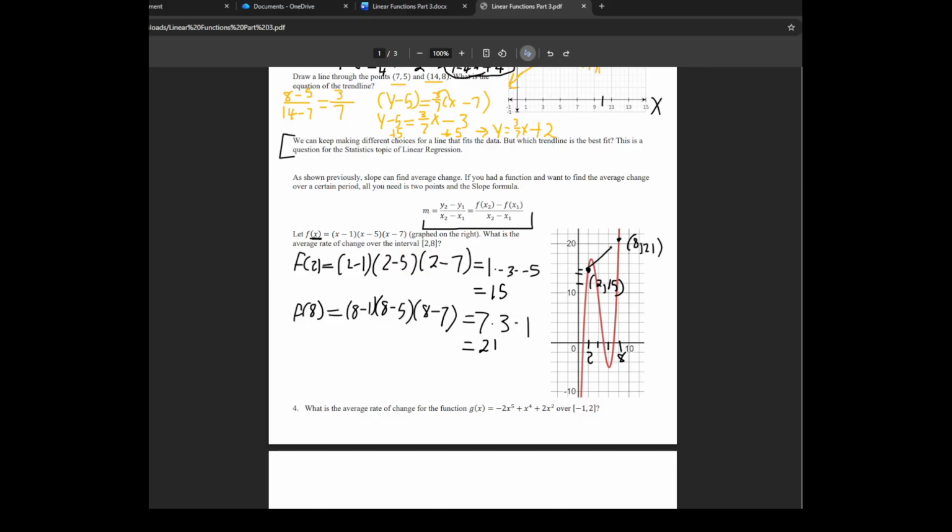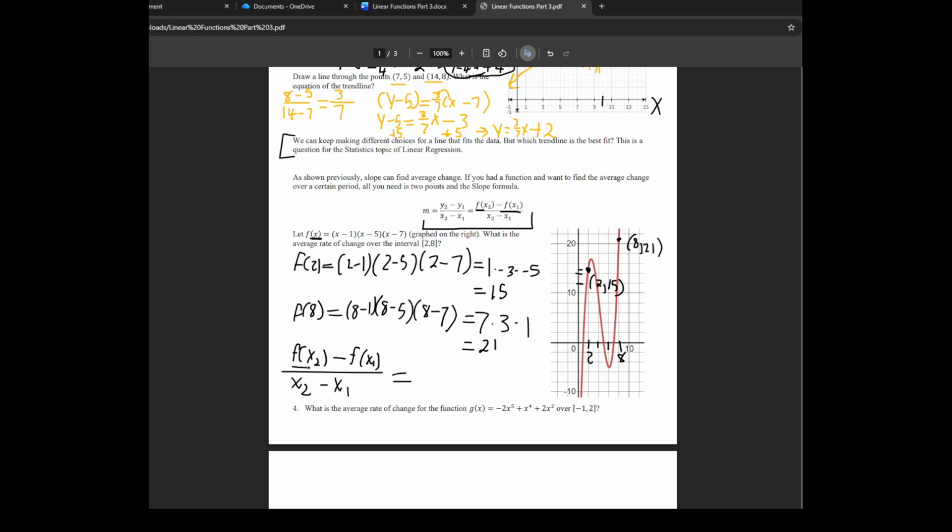In order to find this slope or rate of change, all I need to do is use my slope formula. So f of x2 minus f of x1, and I'll actually write out the entire thing in this format because we will be using this in the future. So f of x2 minus f of x1 over x2 minus x1.